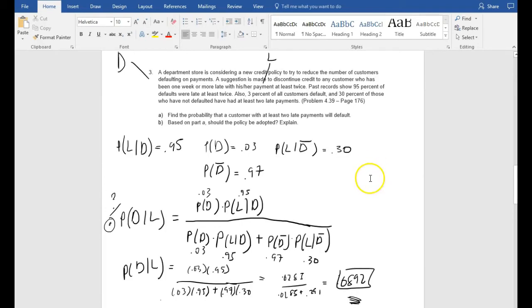So given that somebody has been late on a payment twice or more, their likelihood of default goes up to 9%, whereas for the general population, their likelihood of default is only 3%. So based upon part A, yes, the policy to discontinue people who have been late more than twice should be adopted because we can see that those people are defaulting more than the general population.